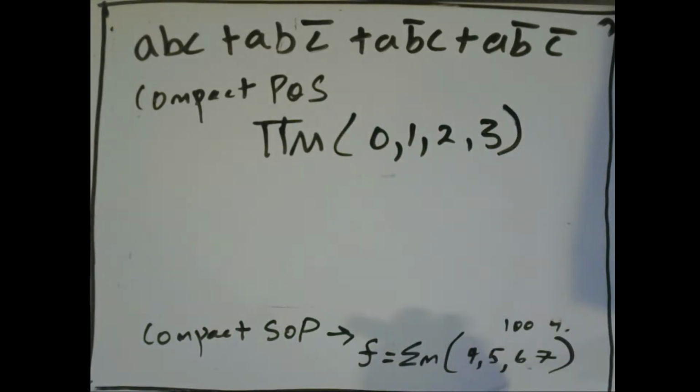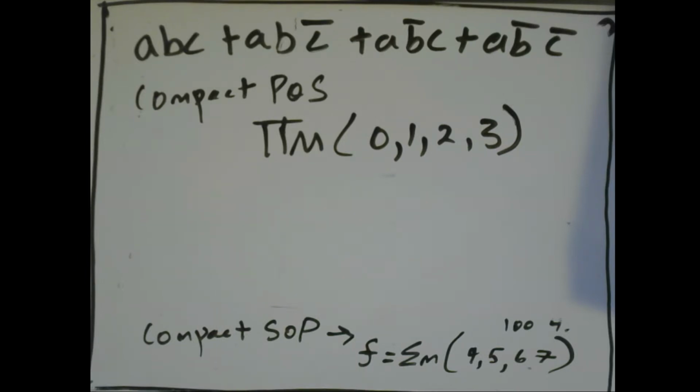It's just everything that's not in the compact SOP. Right, so that's pretty simple.